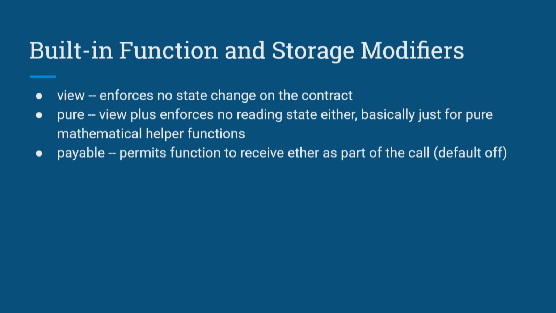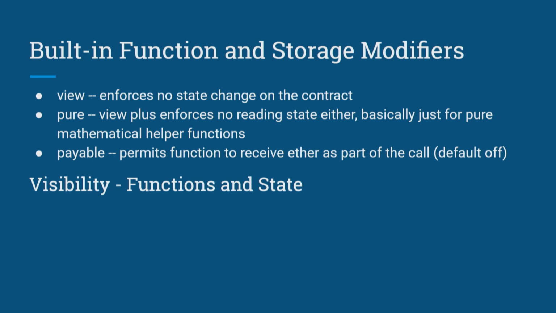Functions by default are not payable, which means in general you can't send Ether to a contract unless that contract's code specifies, yeah, you can send money to this function. That wasn't originally the case, but too often it happened by accident.